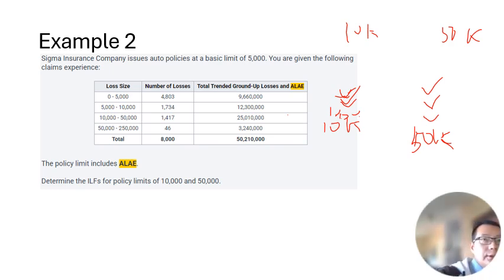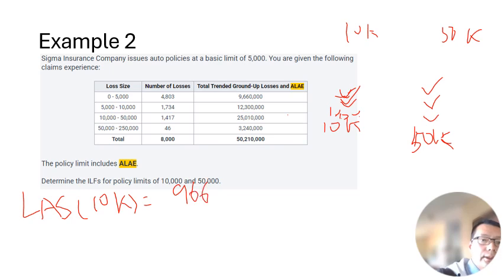So in the first case, LAS when it's 10K, I'm going to write it in thousands to avoid all the zeros. So the first two categories will be used.